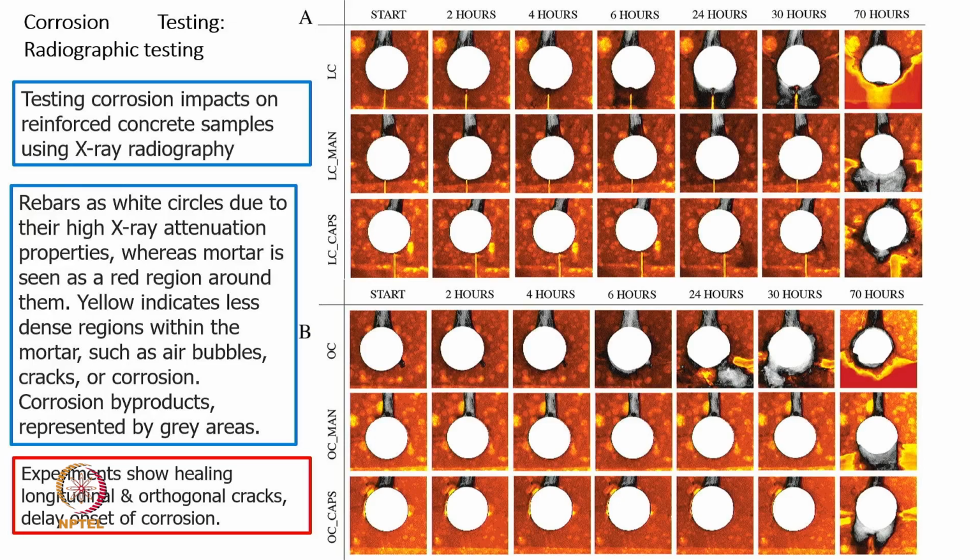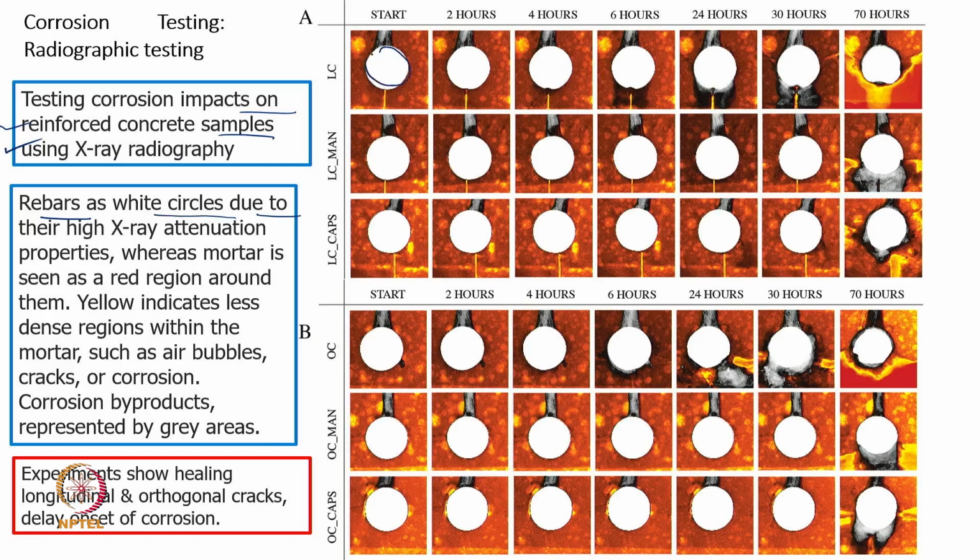Now, coming to the radiography, you can see the white circles shown on the surface. We are testing corrosion impacts on the reinforced sample, and here we are trying to find out using radiography. This white circle is the rebar. What is the reason?